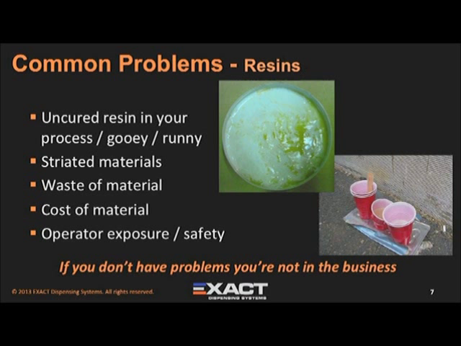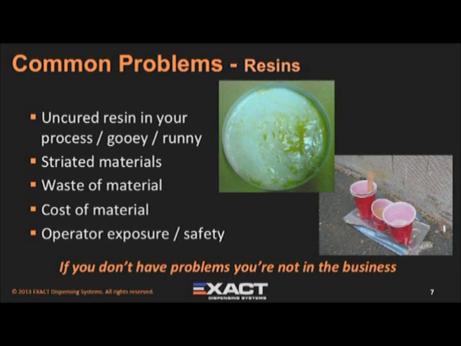A practical place to start is by looking at the resin, as this is what gives you the solution you need for your product. Is the resin, when it is dispensed and cured, still completely uncured, like the example shown on the right? If the cured material is striated, not uniform, this indicates another problem.